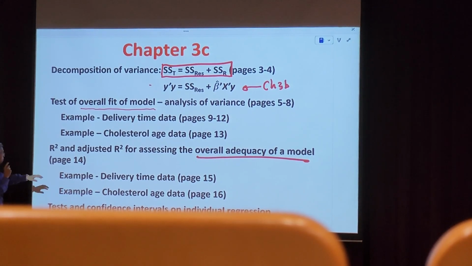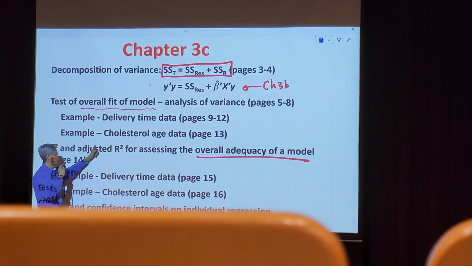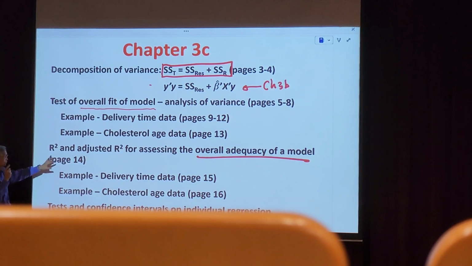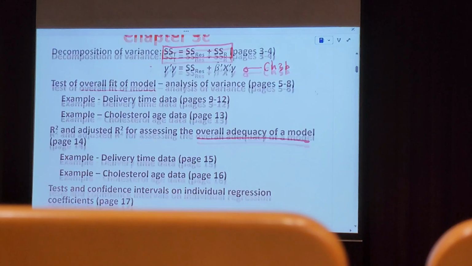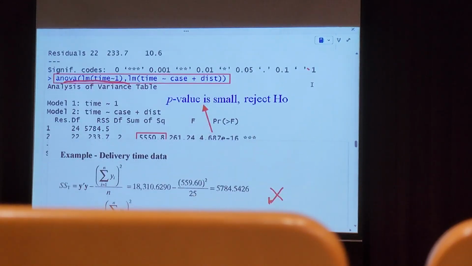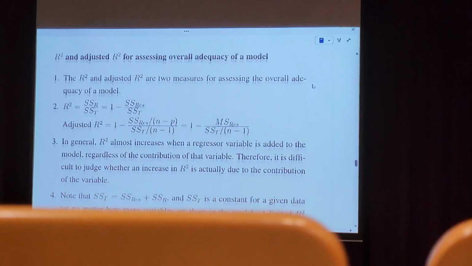But for more complex, more highly dimensional models, or for a multiple linear regression model with more regressive variables, you really need a numerical summary. And that's called adjusted R squared. So that's what I want to talk about now. Let's take a look at R squared.